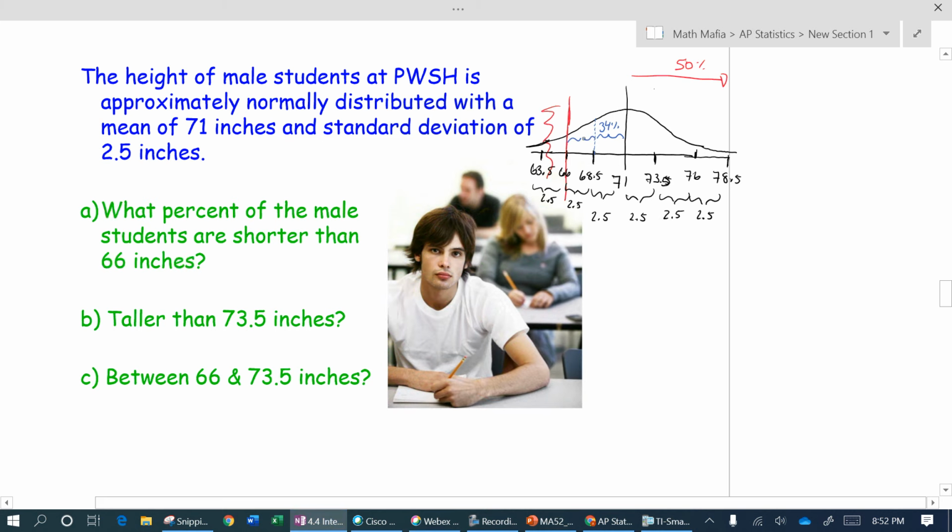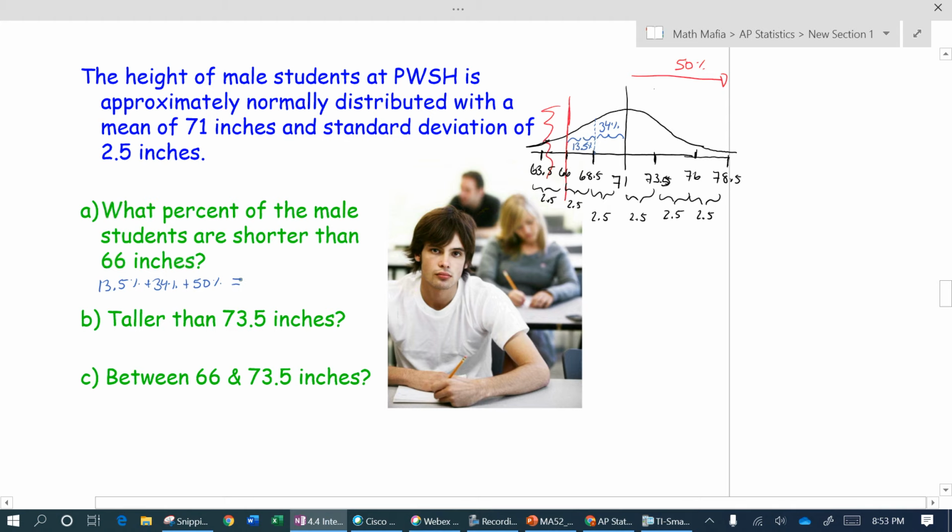And from here to here, that's going to be worth 13.5%. So we're going to add those values up: the 13.5%, the 34%, and that 50% to get our answer. And that's just one way.